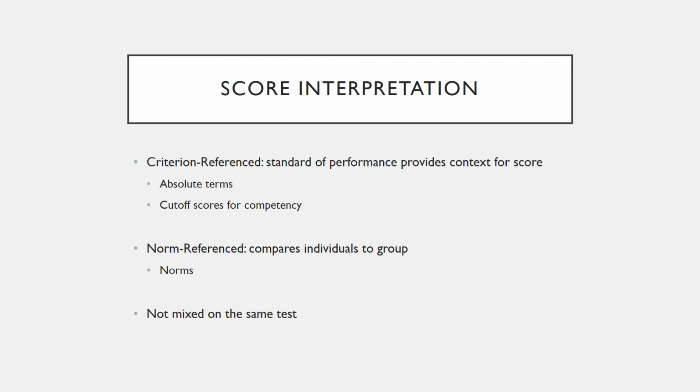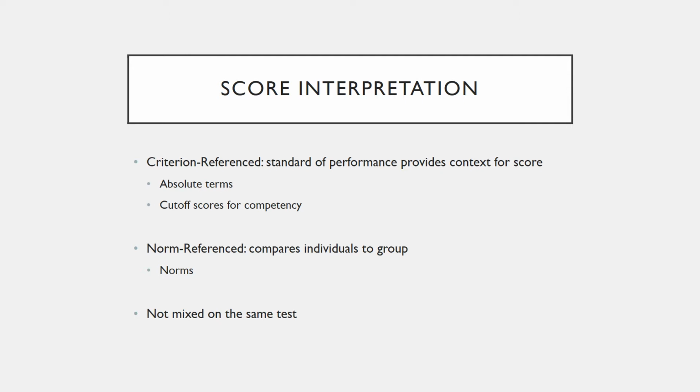Think about standardized testing, where there's a cutoff score to show that you have understood the information that you need to, and you can maybe move on to the next grade, or you can be in the gifted and talented program, or you're able to be hired for a certain job or get into a program or something like that. So those are criterion referenced interpretation guidelines that are based on some sort of standard of performance score.